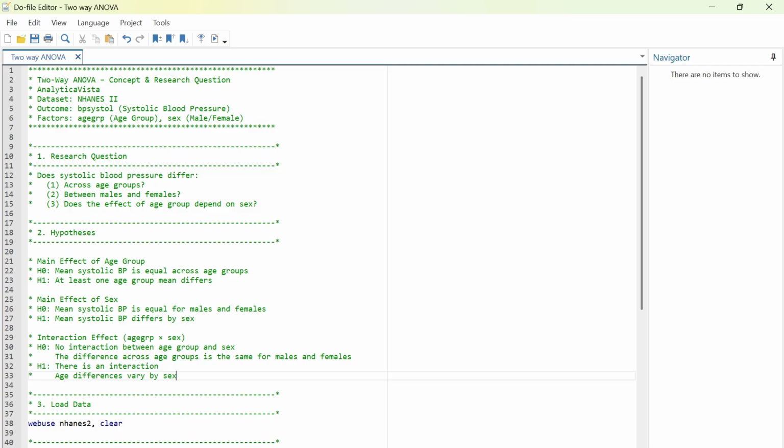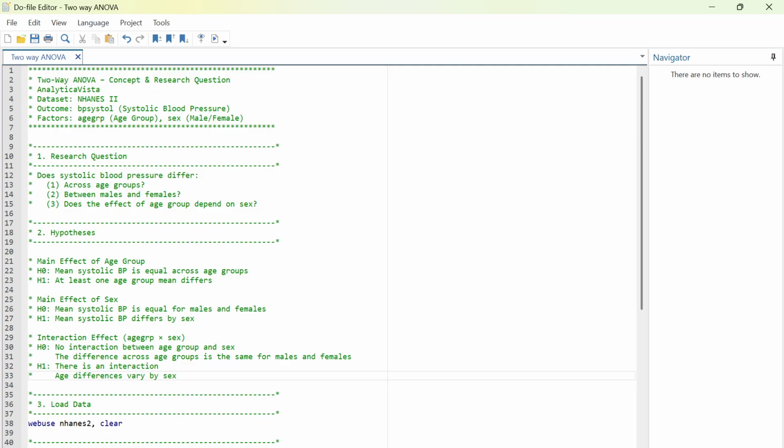So now the question becomes, if we add another factor, which is sex in this case, we're going to say, does this increasing pattern remain the same for male and female, right? Or it varies between males and females, right? So it adds another layer of complexity.